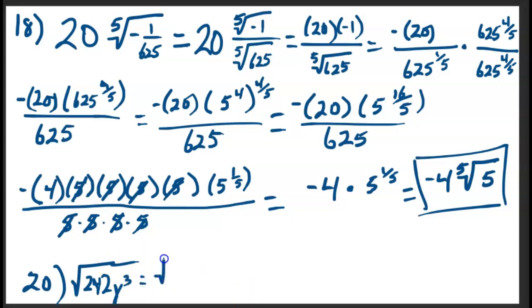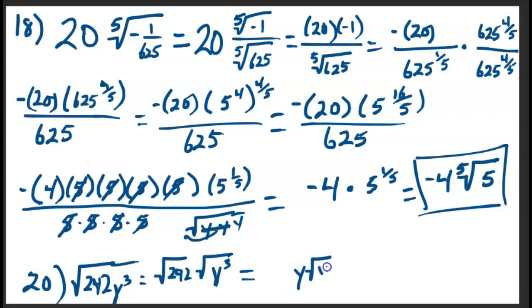Well, I can think of it this way: the square root of 242 times the square root of y cubed. The y cubed is easy enough to deal with because that is the square root of y times y times y. So the square root, 2 of those inside the square root becomes 1 y outside. So that's going to be y square root y. And now we just have to figure out this square root of 242.